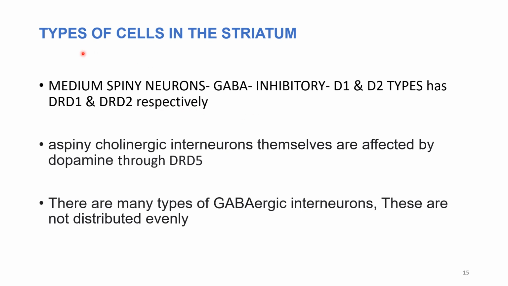So this GABA is inhibitory, and it can act on the D1 and D2 types. D1 has DR1 receptors and D2 has DR2 receptors respectively.